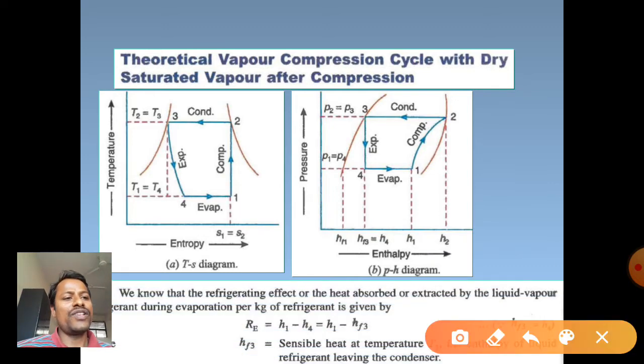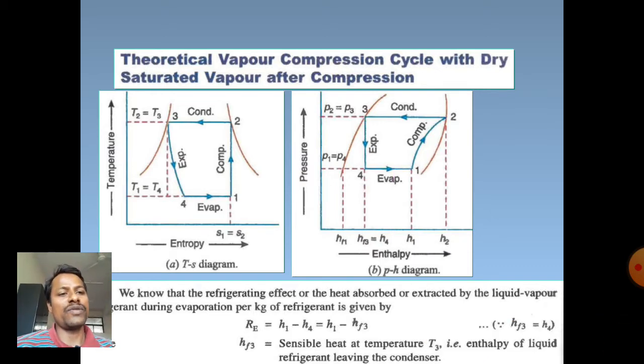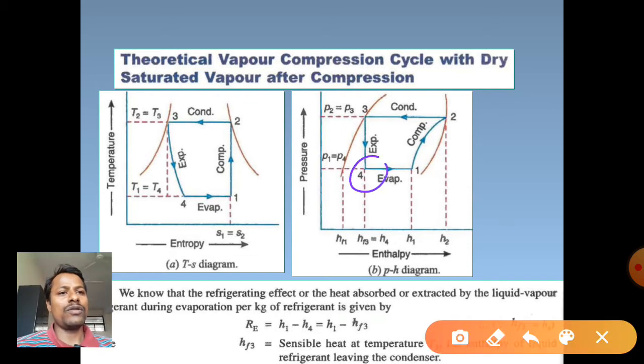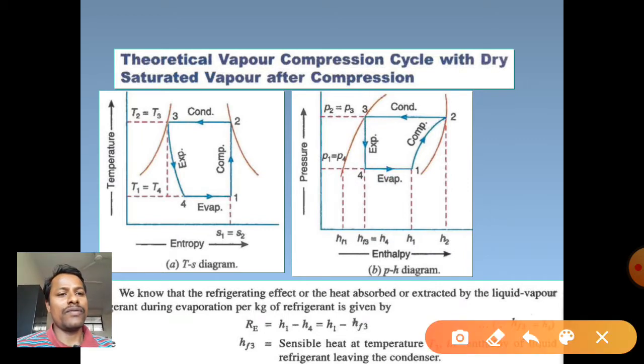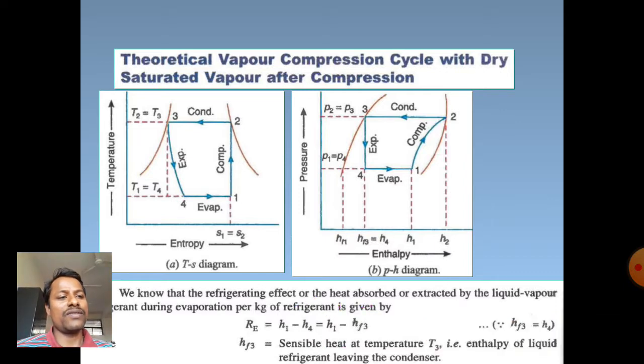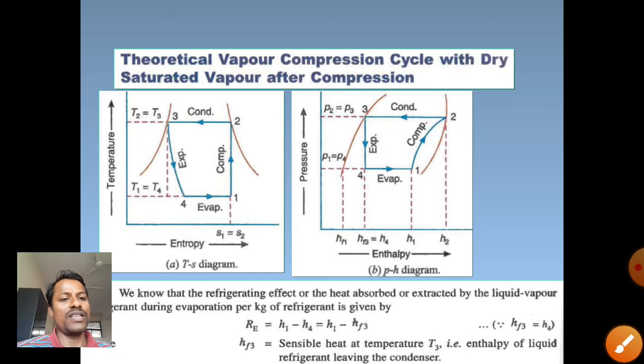Again, the refrigeration effect is H1 minus H4, which is the refrigeration effect per kg of refrigerant. But H4 is equal to HF at state 3, that is HF at condenser pressure. Therefore, the refrigeration effect can be written as H1 minus HF3, because H4 is replaced by HF3, both being equal, as mentioned in the reason box here.